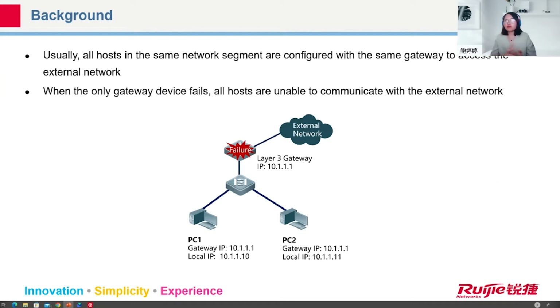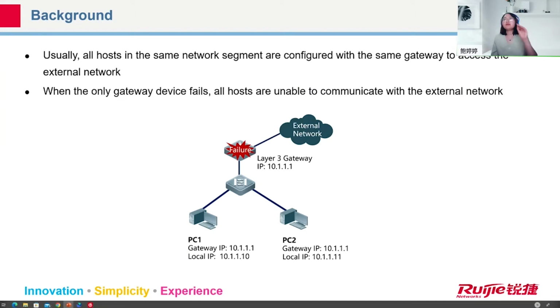Then if PC1 and PC2 want to reach a different segment, they cannot, because we don't have the gateway. So in this scenario, one solution is that you find the problem and troubleshoot successfully, and then let the devices reach the destination again.